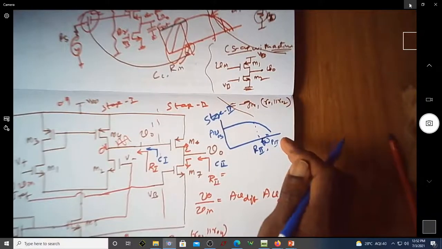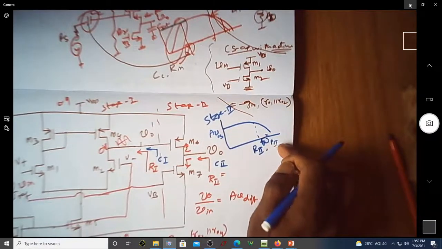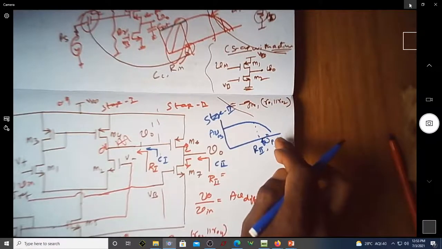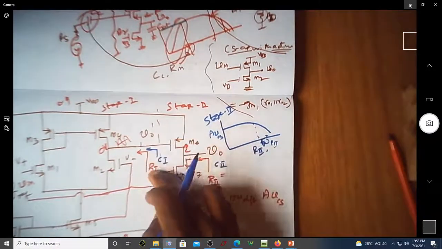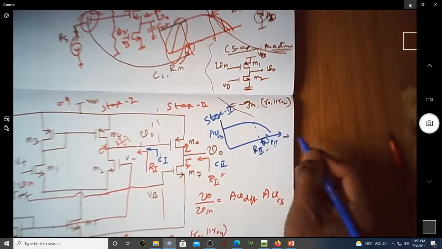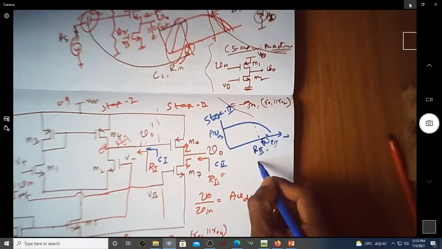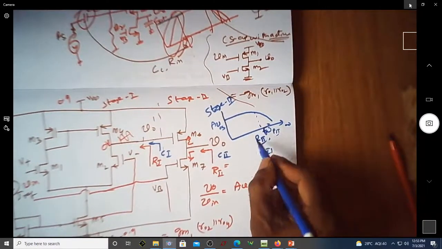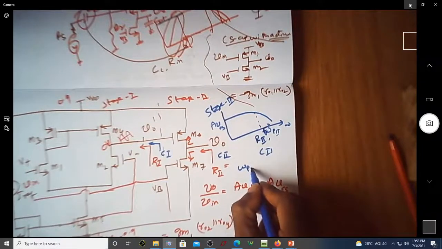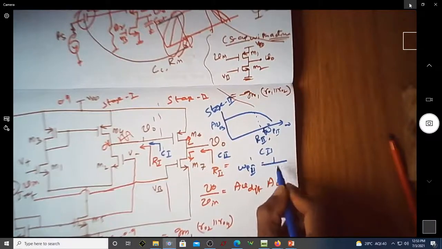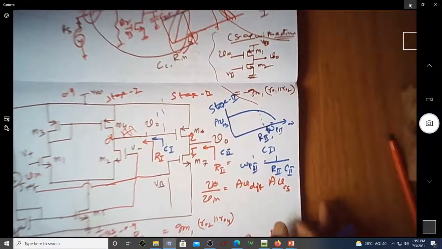I'm writing it as omega P2 dash because there is a pole corresponding to the second stage. That is decided by R2 and C2. So omega P2 dash is equal to 1 over R2 C2.